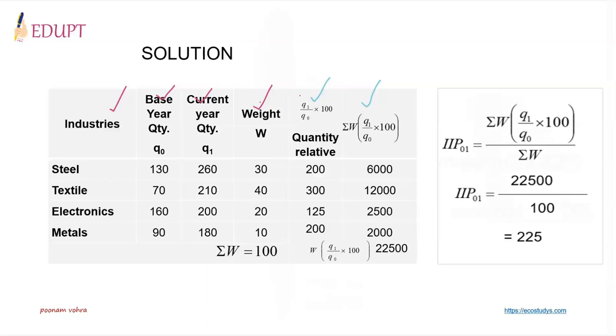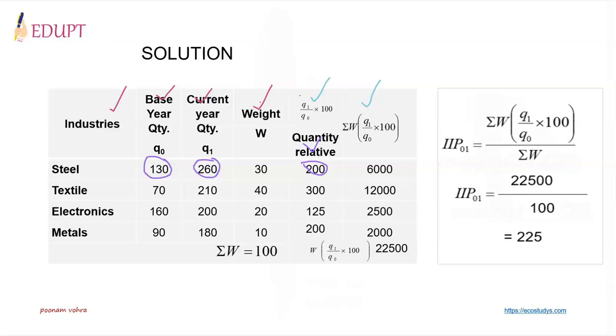So let us have a look at the first industry. For quantity relative, Q1 by Q0 into 100, which is 260 divided by 130 into 100, and you get the answer as 200. And for sigma weights into relatives, you have already found quantity relative as 200.